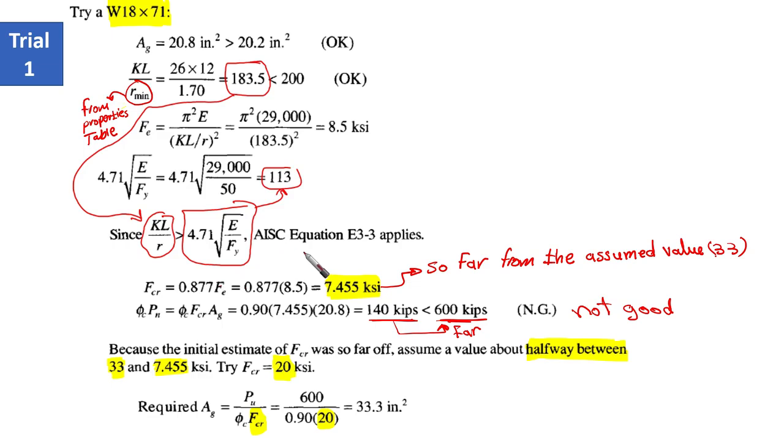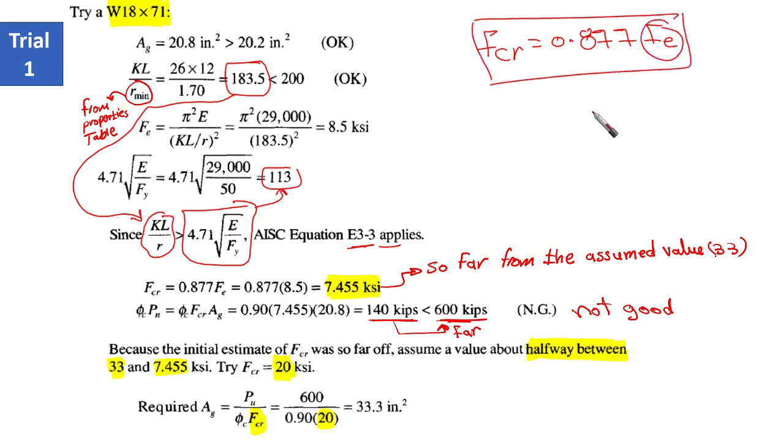So we are going to use AISC equation E3-3. This means elastic buckling. And in the elastic buckling, if you remember, our FCR equals what? Exactly, 0.77 FE, Euler strength. And we need to calculate this FE.